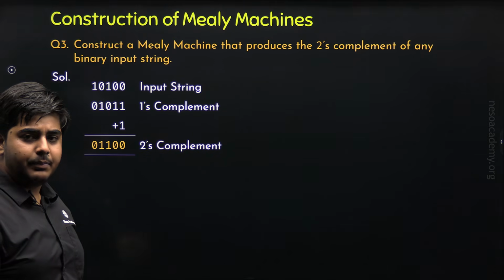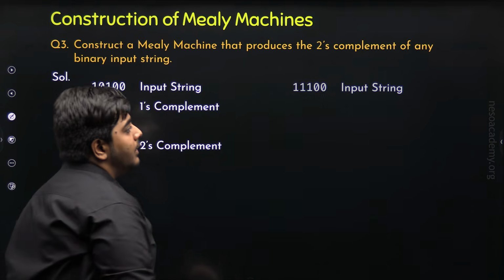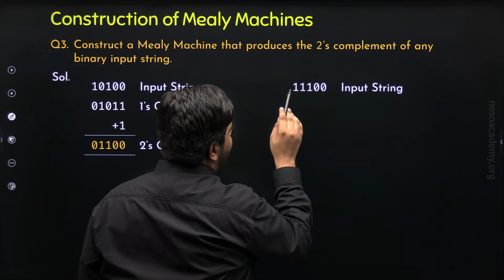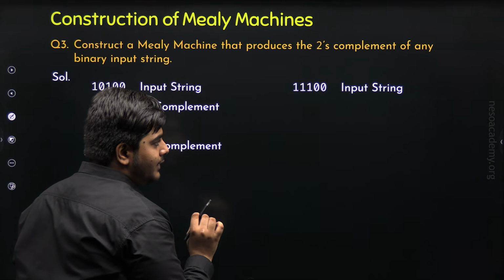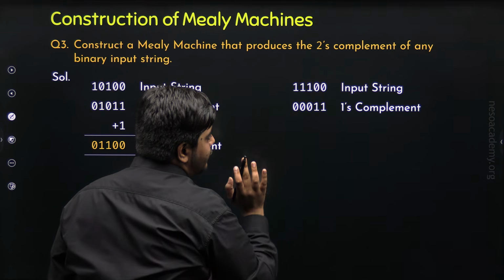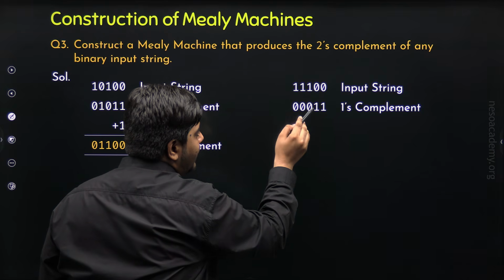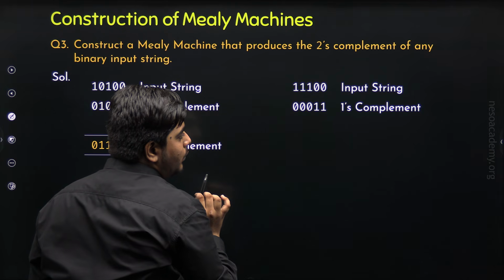Let's take a different example for your better understanding. This time we have the input string 1, 1, 1, 0, 0. First we need to calculate the ones complement. So this is the ones complement: 0 becomes 1 and 1 becomes 0.